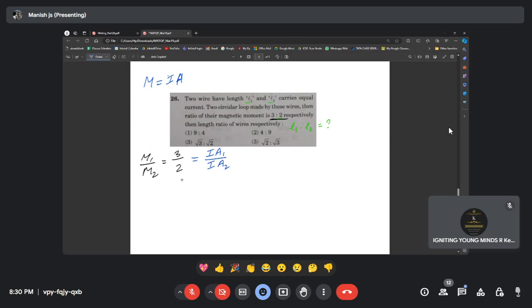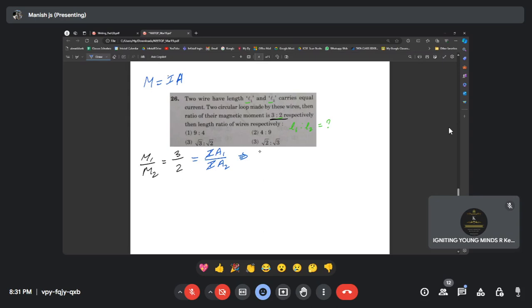Is it clear? A1 is the area of the loop having magnetic moment M1. A2 is the area of the loop having magnetic moment M2. Because they told current is equal, current terms get cancelled off. We can simply relate this with the corresponding areas.